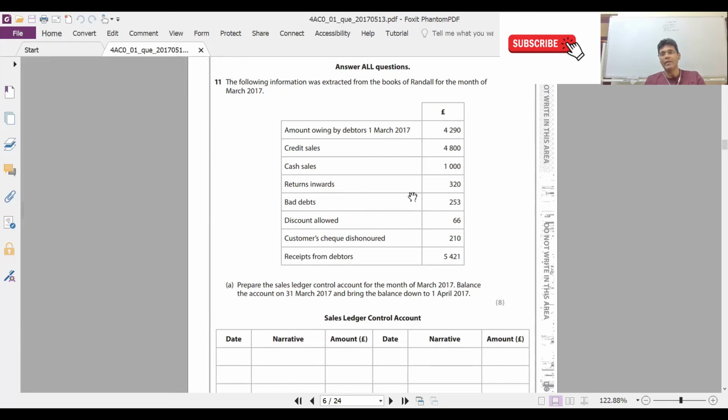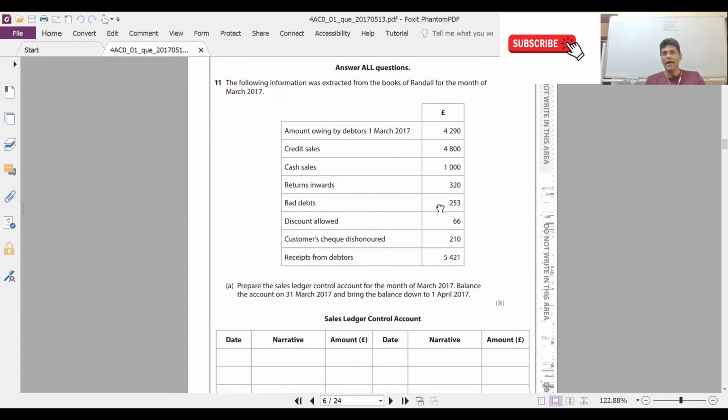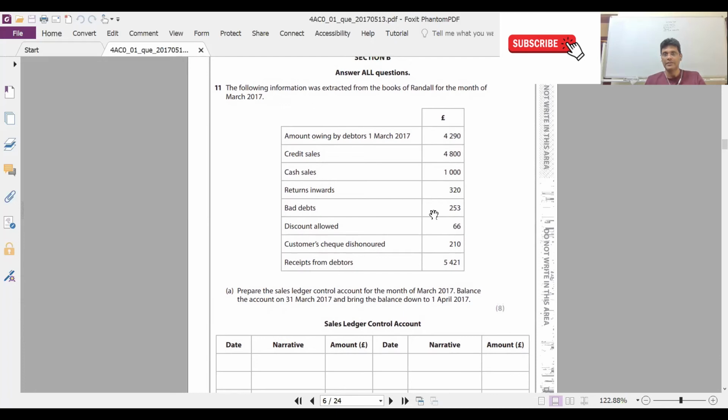So the customer will not be able to settle the money. In that case, you have to write off the amount which is not recoverable from the customers, which is known as bad debts. So bad debts is an expense, and we need to record it.